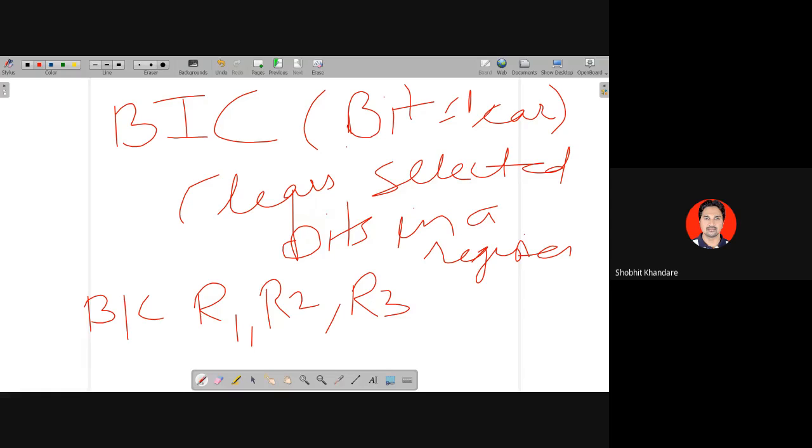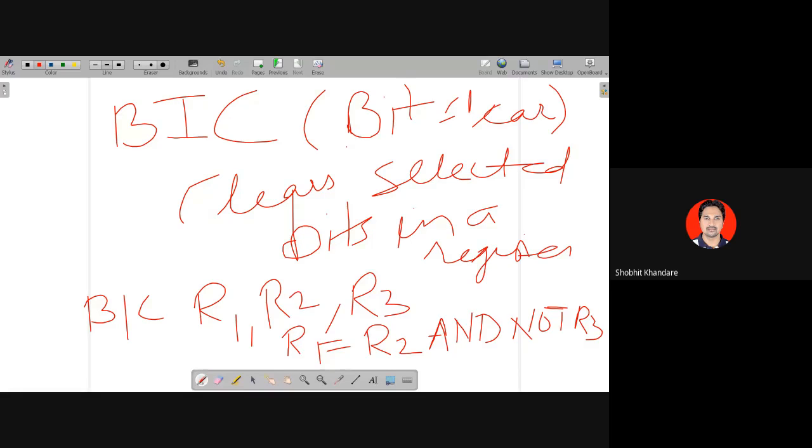Now what operation is happening here? Please write down: R1 equals R2, and an operation happens, but it is not on R3, it is not of R3.